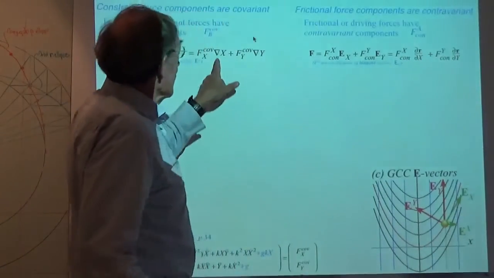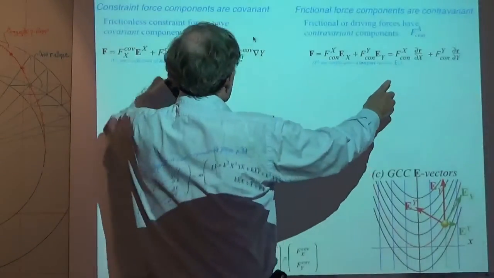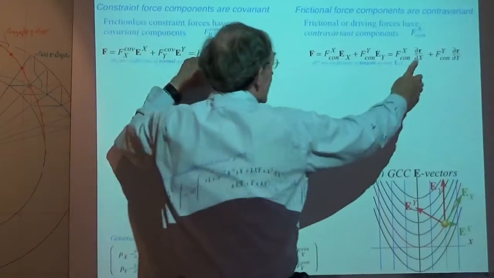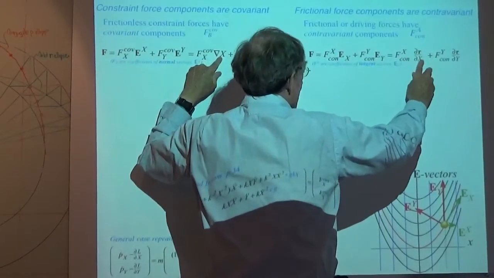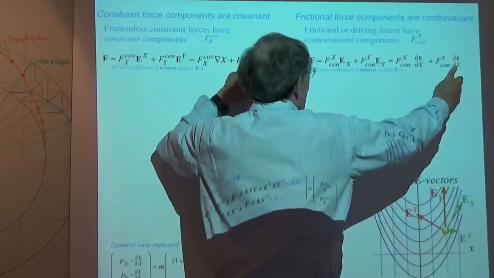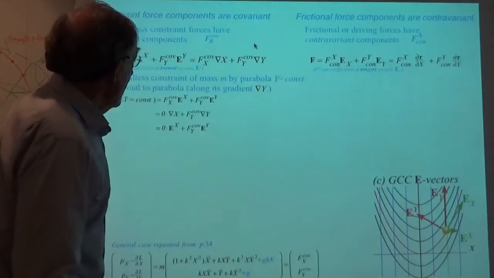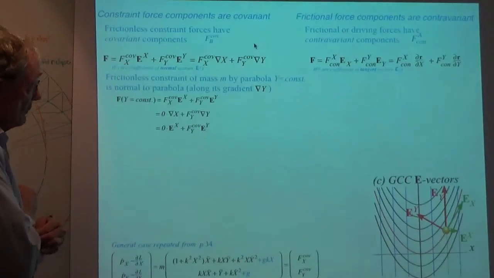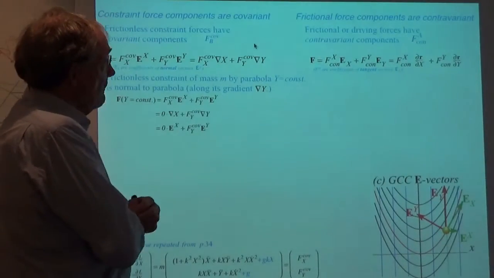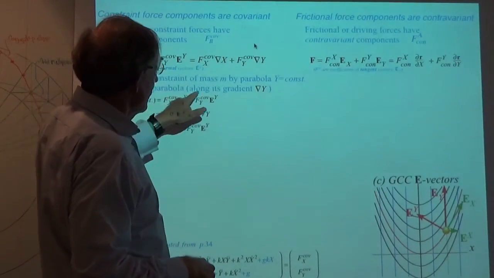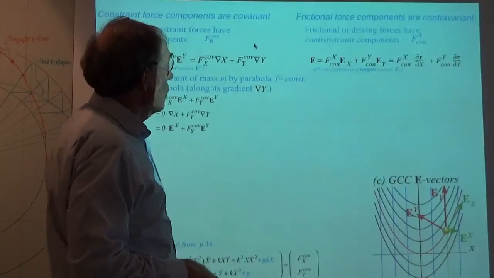So the difference is between a gradient, partial derivative of big X with respect to R. This one's partial R with respect to X. And same for the Y's. Okay, now, a frictionless constraint of the mass by that parabola y equal constant is normal to the parabola. That is, it's along the gradient.